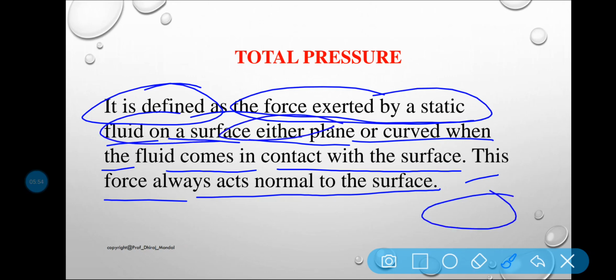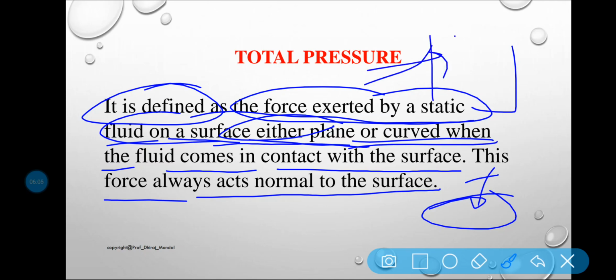The surface may be curved or plane, like this. Now, when the fluid comes in contact with the surface, always remember the force acts normal to the surface. Clear? So this is called total pressure.